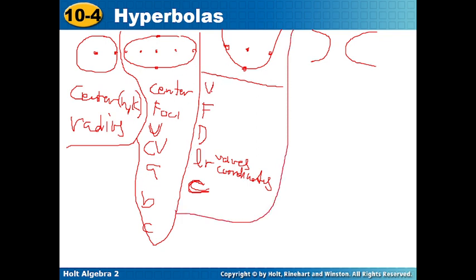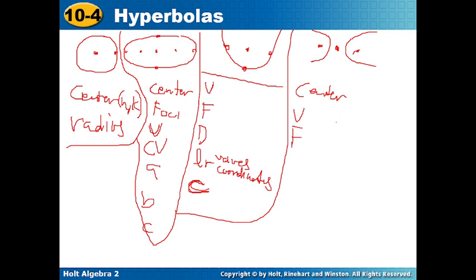For the hyperbola, as we said a while ago, we also need the center. So let's put center instead of C. We also need vertices. In this case we have two vertices, so let's just put letter V. We also have foci, and co-vertices. These are the co-vertices and these are the vertices.